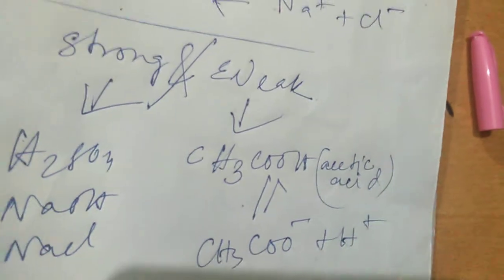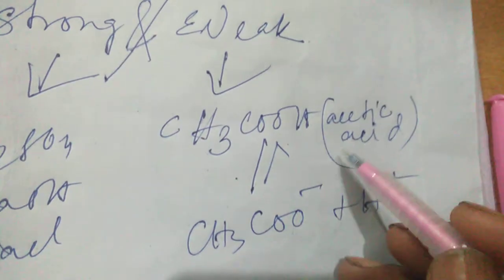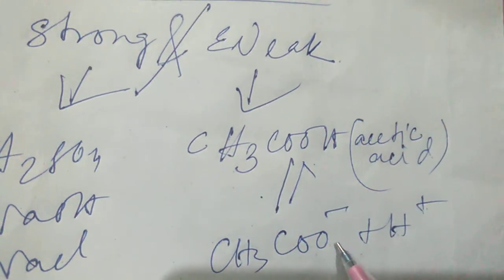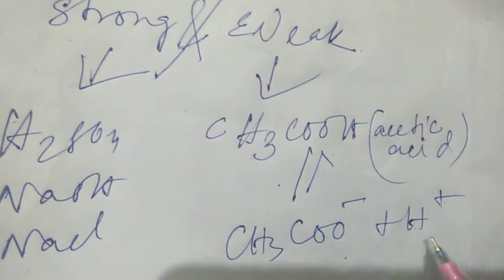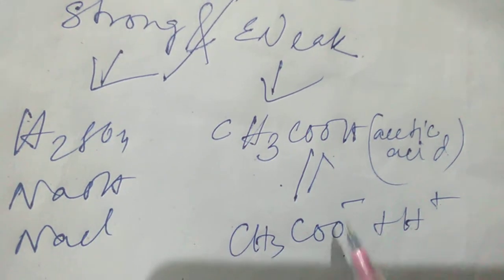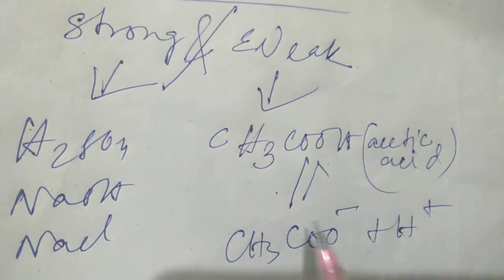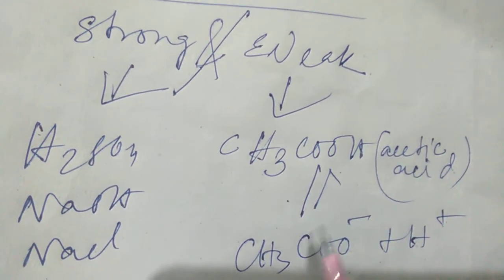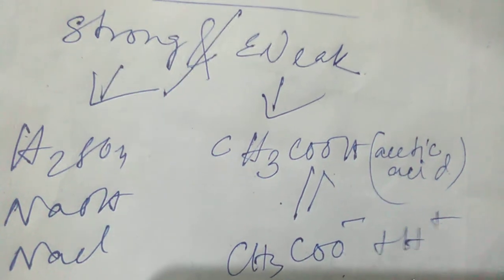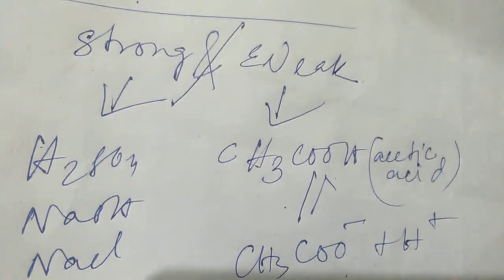This is a weak electrolyte. Why? Because in aqueous solution, it does not produce the maximum number of CH3COO minus or H plus. That means it does not dissociate completely in the water solution. It dissociates only partly, only to a fraction, into oppositely charged ions. So it is a weak electrolyte.